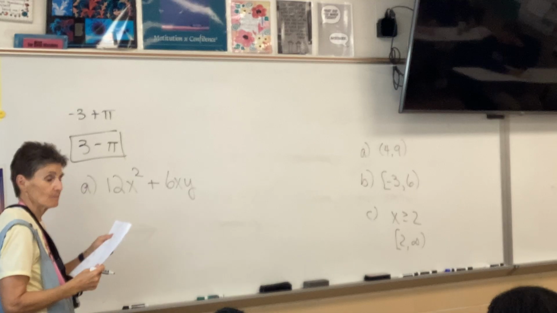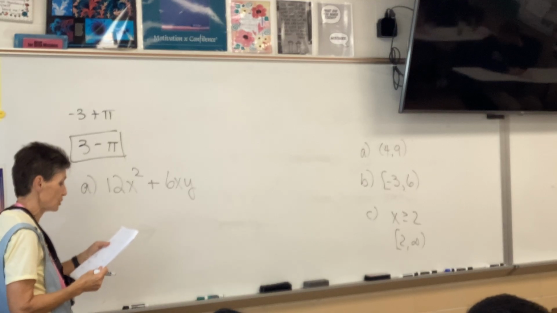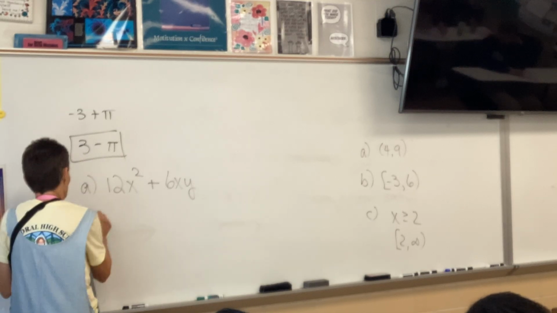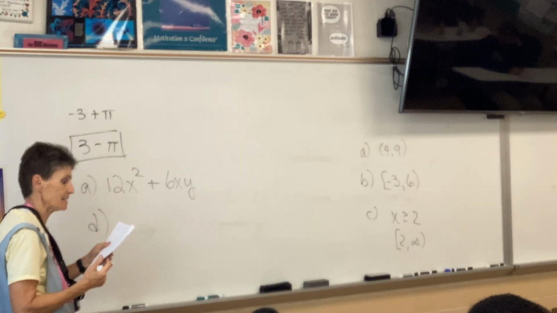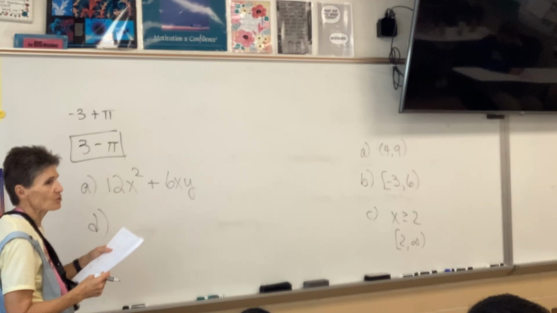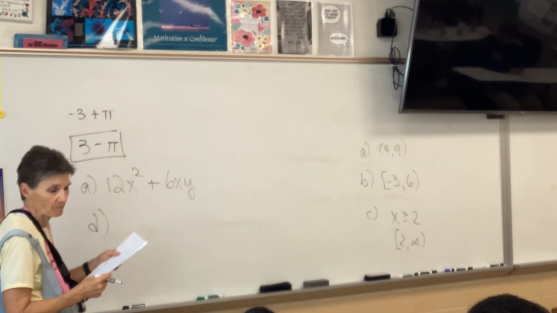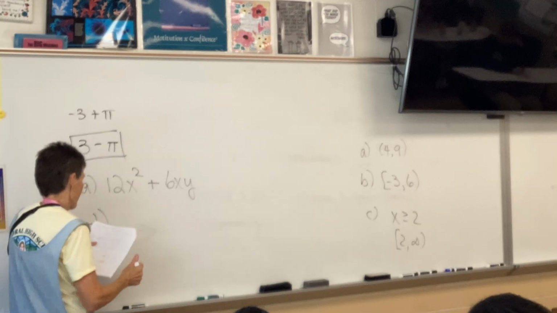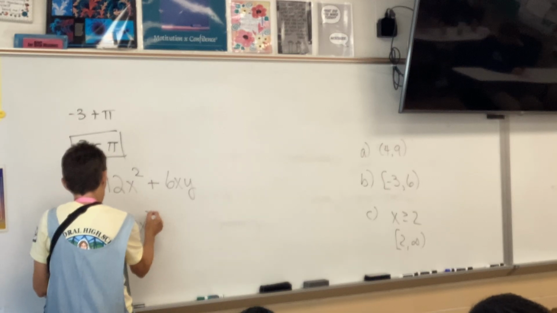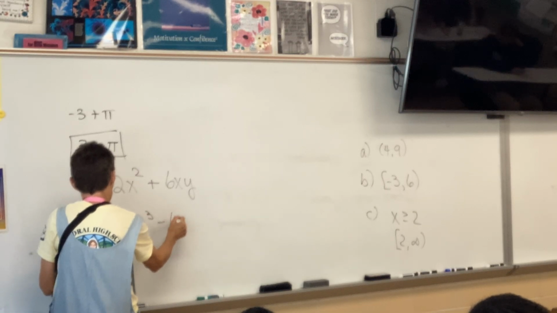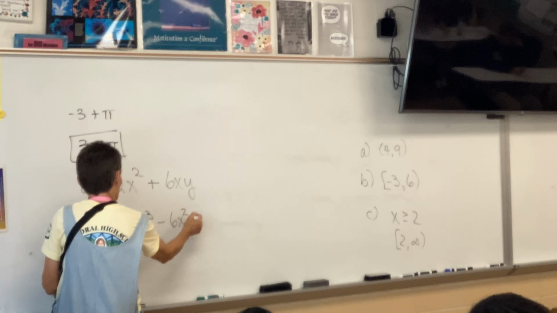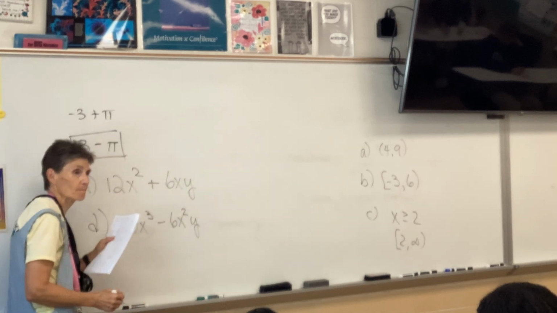Everybody good with that? All right, let's skip to D. What do I get when I distribute in D? 10x cubed minus 6xy squared. Yep.